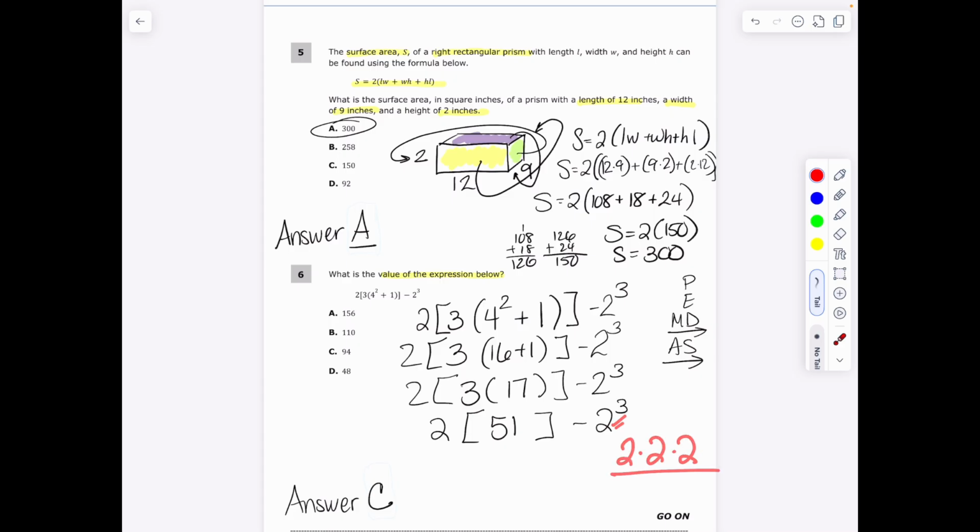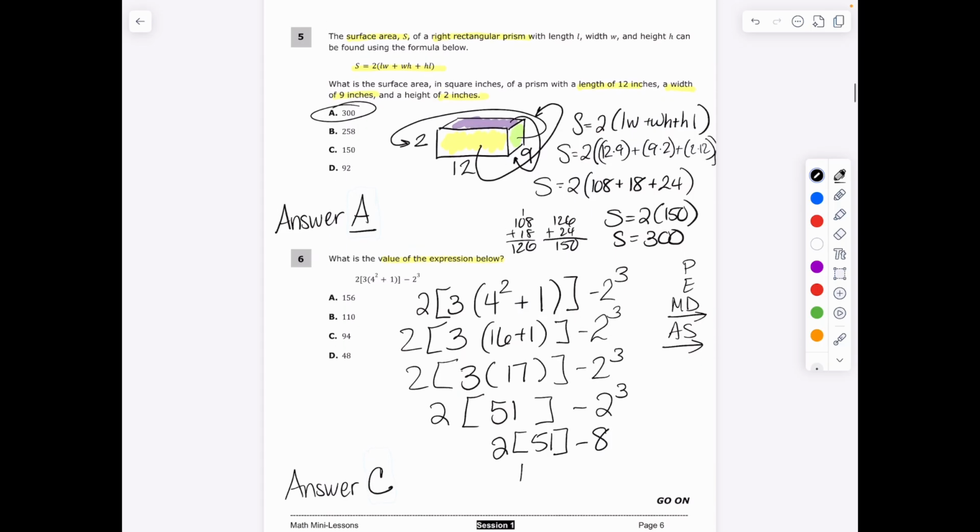So this is 2 times 2 times 2. 2 times 2 is 4, times 2 is 8. Okay, so now I have 2 times 51 minus 8. We're almost there. 2 times 51 is 102 minus 8, and 102 minus 8 is 94.